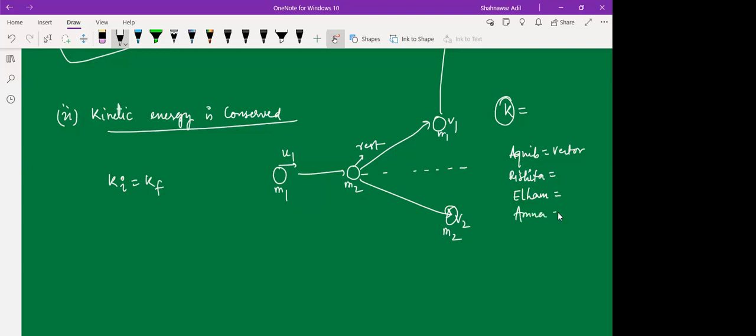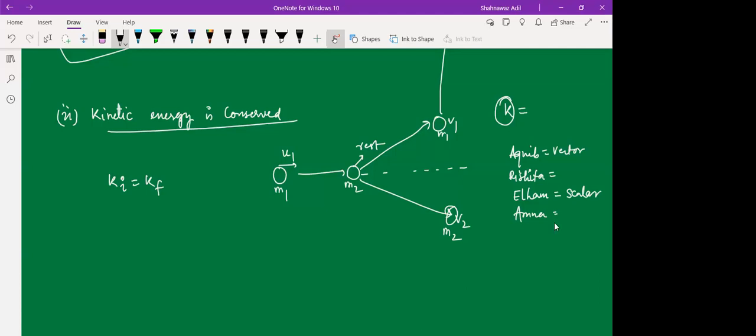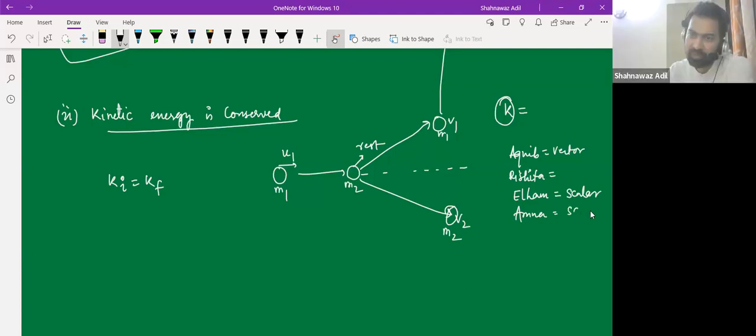Elham says it is a scalar quantity. Rishita and Amna, what about you? Scalar, because it does not have a direction. Yes, absolutely right. Kinetic energy doesn't have a direction.